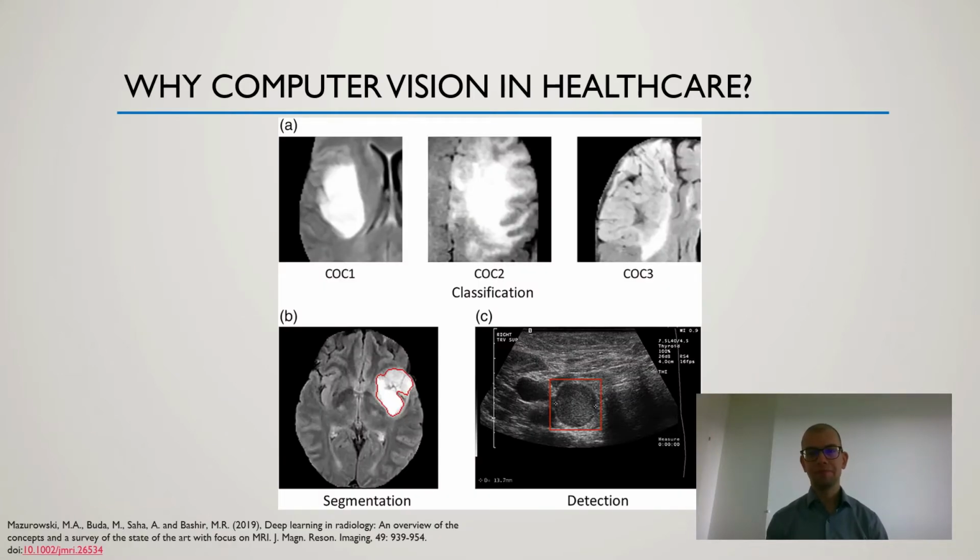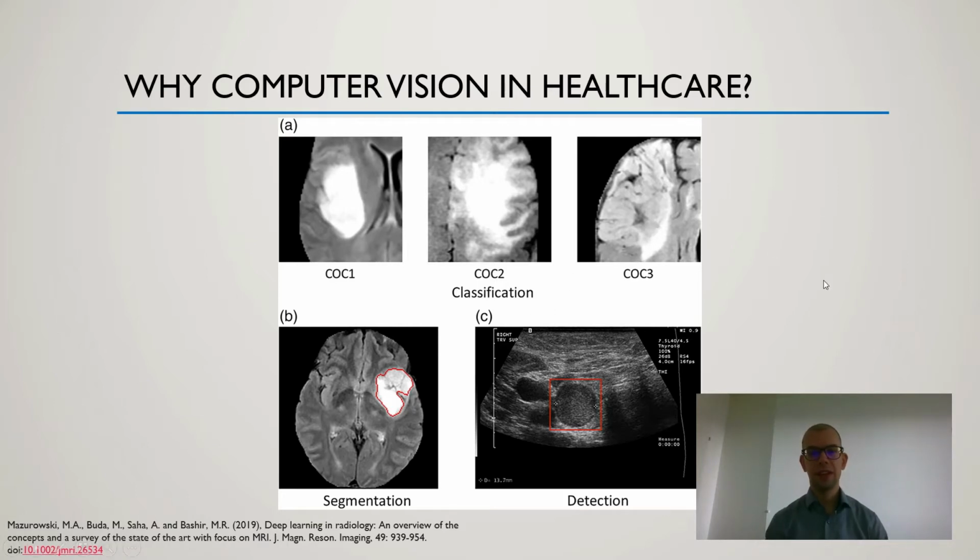So here in this slide you have three classes of images. In A you see an example of classification. So you have three images here, COC1, COC2 and COC3.